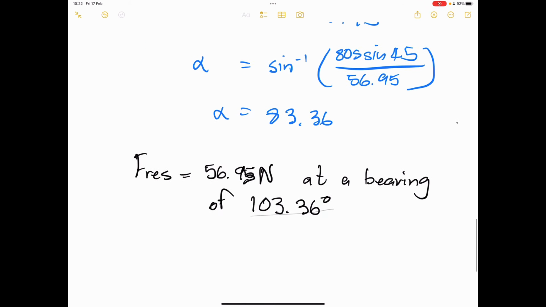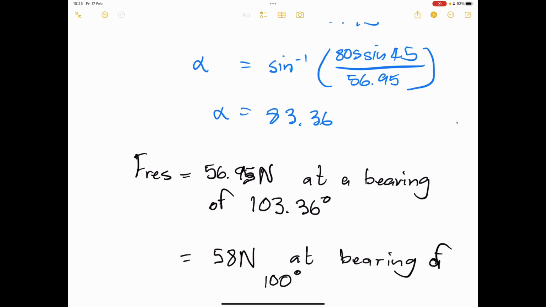When we did the scale drawing, it gave us 58 newtons at a bearing of 100 degrees.